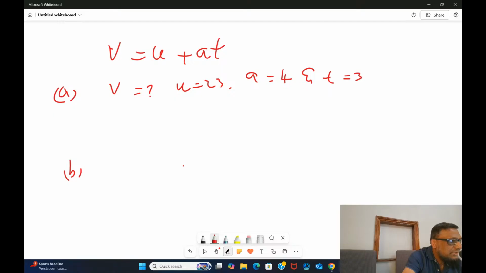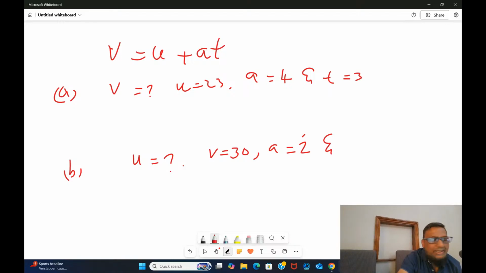Same as it says, work out U. Find the value of U. So if V equal to 3030, A equal to 2, and t equal to 8. So these are the two questions, part A, part B. It looks easy.